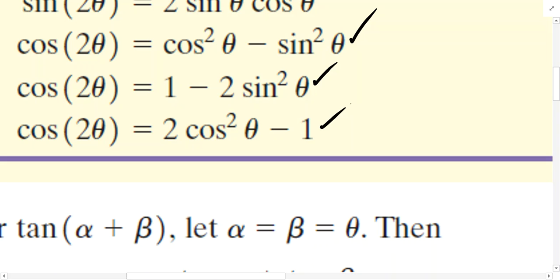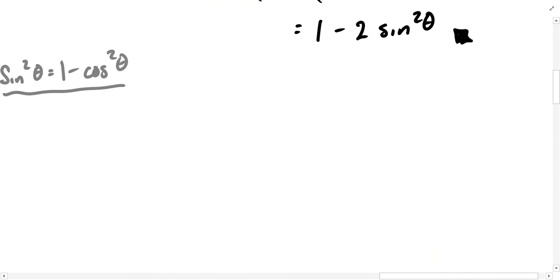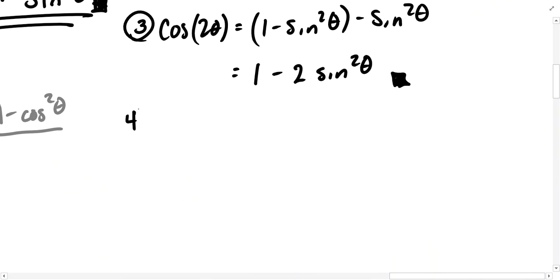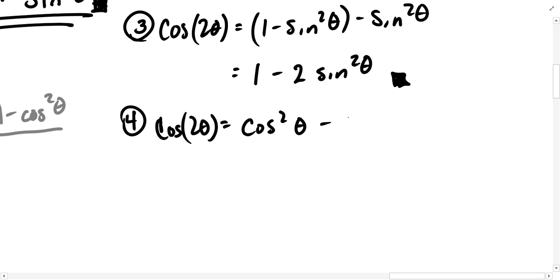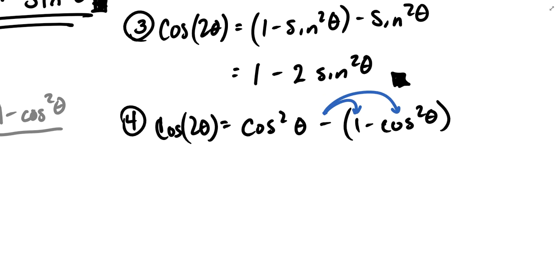And in a similar fashion, our fourth identity can be established too. Let's take a quick look at that. So cosine 2 theta, if we replace our sine squared instead, we've got cosine squared minus 1 minus cosine squared. This one's a little bit tricky because when we distribute this minus sign, it changes the signs of both of these. So in fact, we're adding cosine squared.